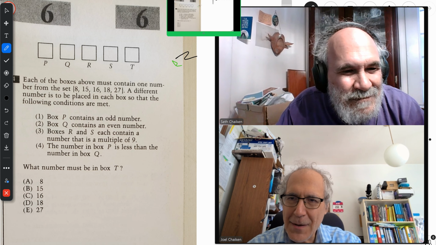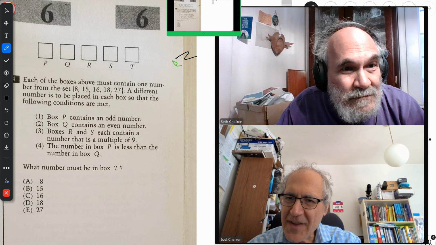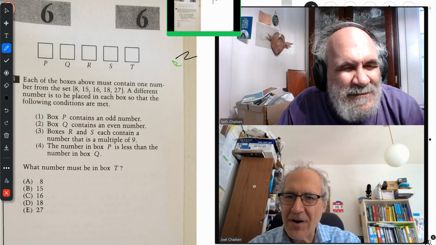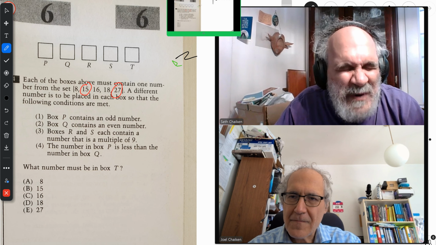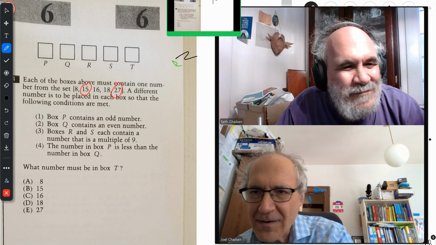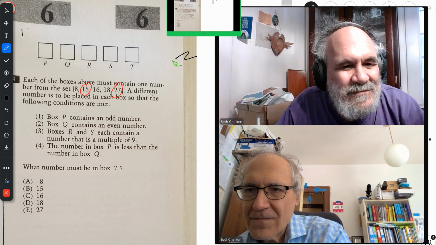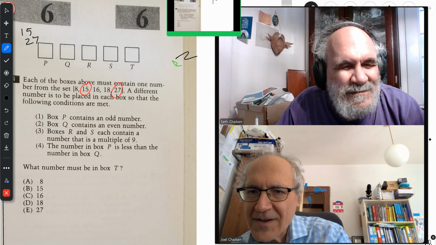Unfortunately they give you more than one odd number for P, and more than one even number for Q. There are two odd numbers, and there are three evens. So there are two possibilities for P: 15 and 27.